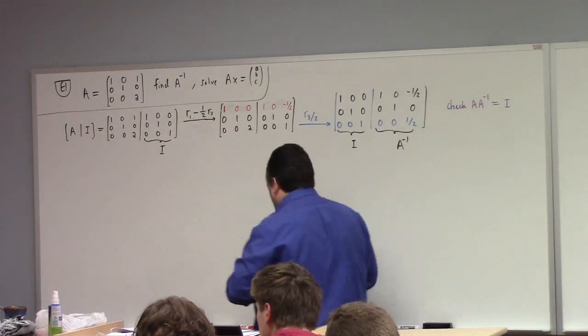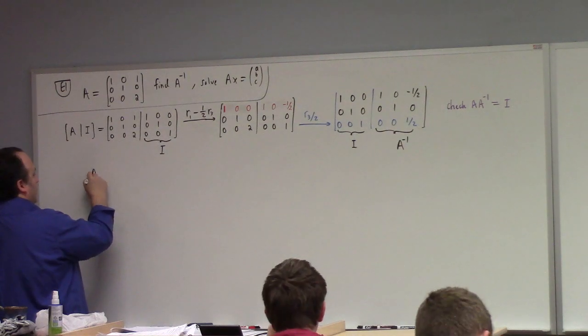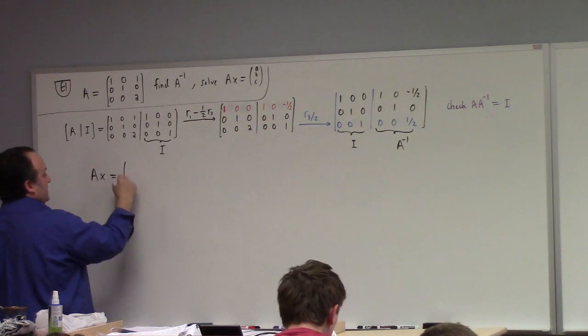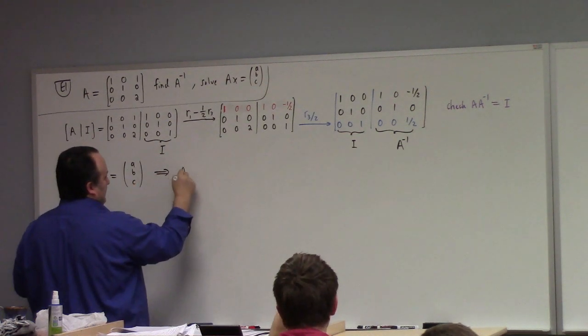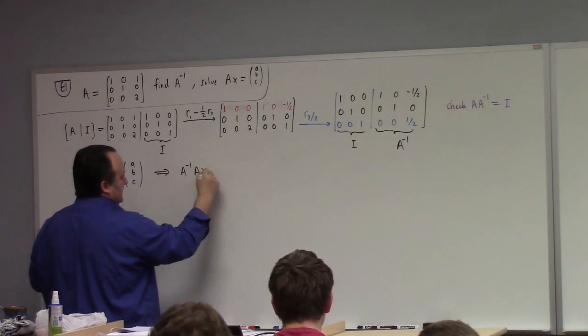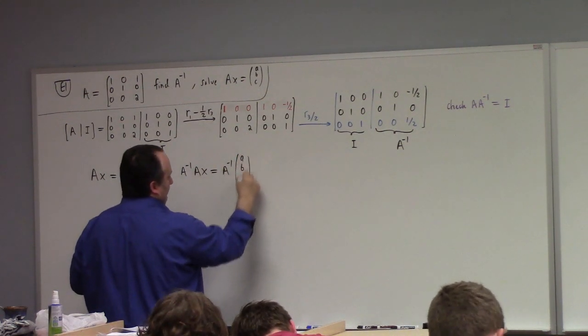All right? Okay, so now that we have A inverse, if we want to solve AX equals ABC, what do we do? Well, that says that A inverse AX is equal to A inverse times ABC.